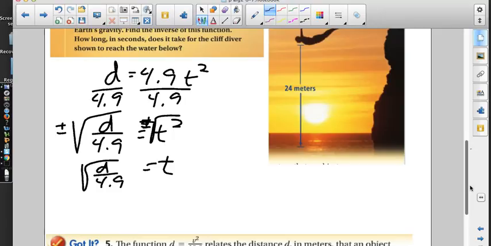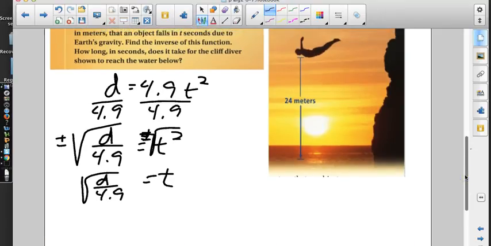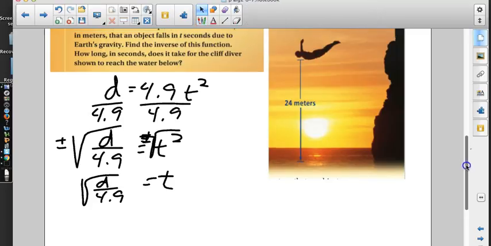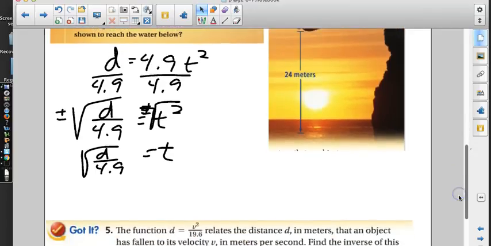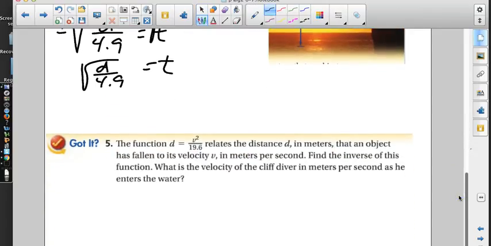And then they wanted us to figure out for this person over here, who's not the most stable person, they're cliff diving, very, very dangerous, we would go ahead and put the 24 meters in there. Oops, I want to go check the label just to make sure they didn't pull a fast one on us. It represents the distance d in meters. So we can just go ahead and put the 24 over there and see what we get.